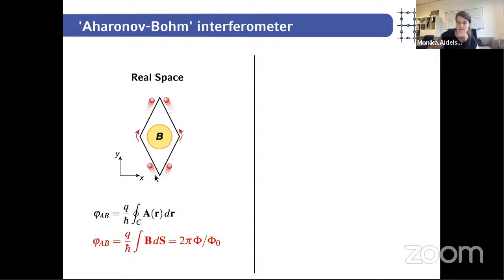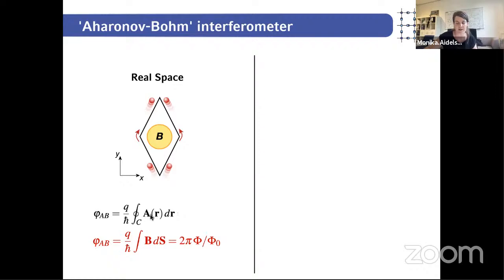So if we have an electron wave packet, we can generate an interferometry sequence. So we split the electron wave packet along 2 different paths. And then the phase that is measured at the end of this interferometry sequence, the Aharonov-Bohm phase, will depend on the vector potential or the magnetic flux that is piercing the area of this interferometer. And we can express that in the language of geometric phases.